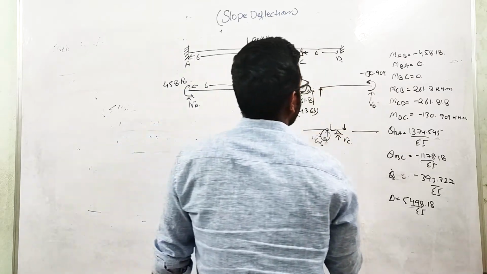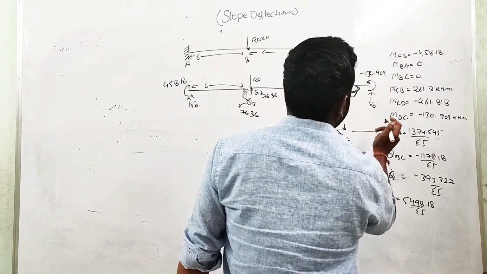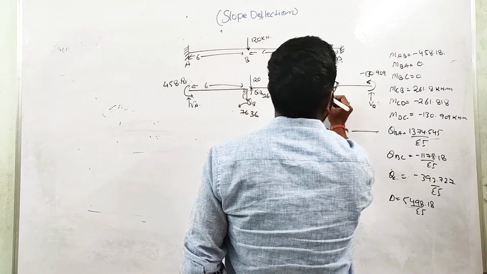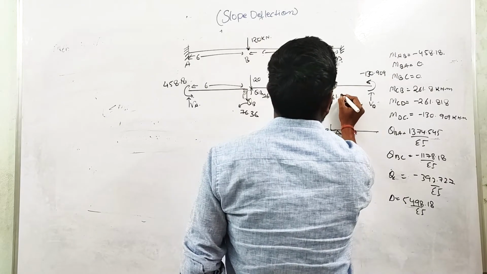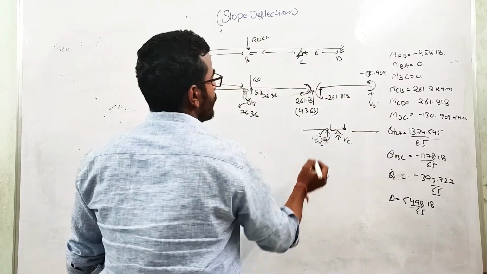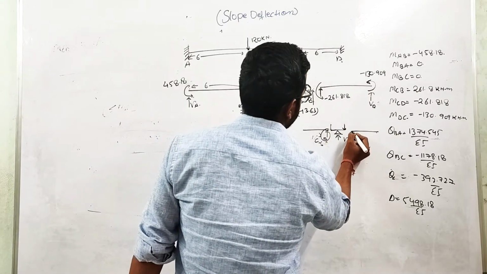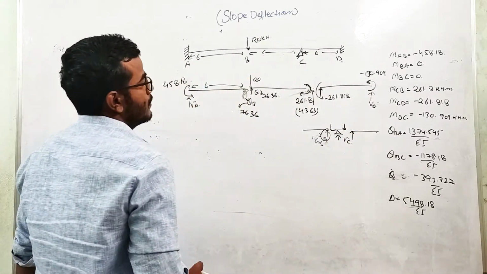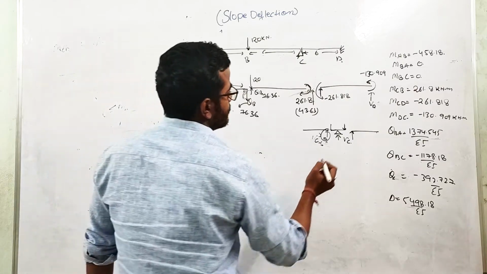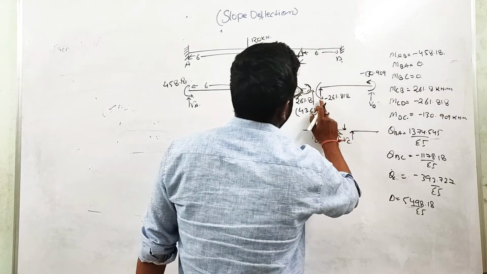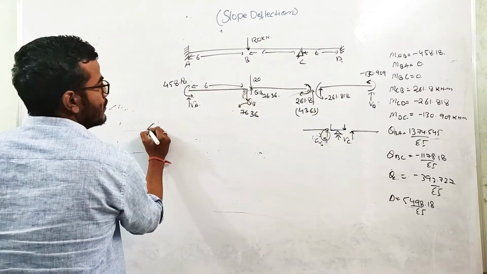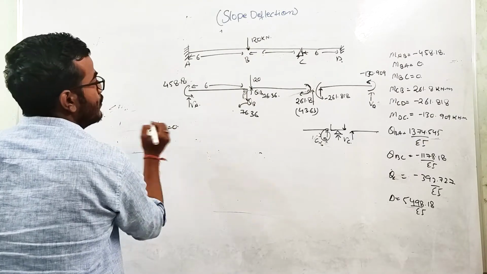Now this is the MCD value. That is MCD. This value is minus 261.818. Now we need to calculate this other value. So I can write summation MD equals 0.